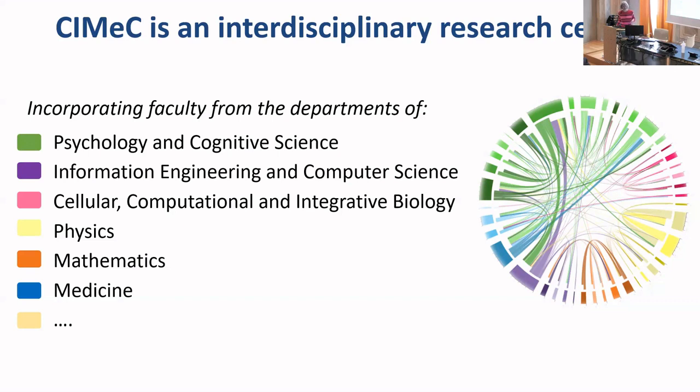Then we also have a proportion of research staff from information engineering, computer science, cellular, computational, and integrative biology, physics, mathematics, medicine, linguistics, and more. So this creates a very exciting research environment where people with different expertise can join together and create new opportunities for collaborations.